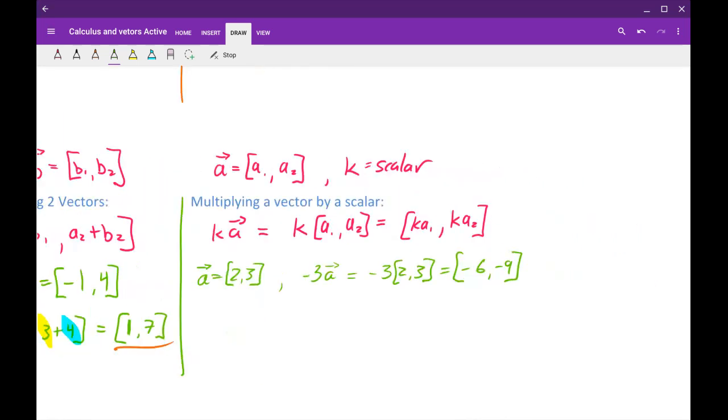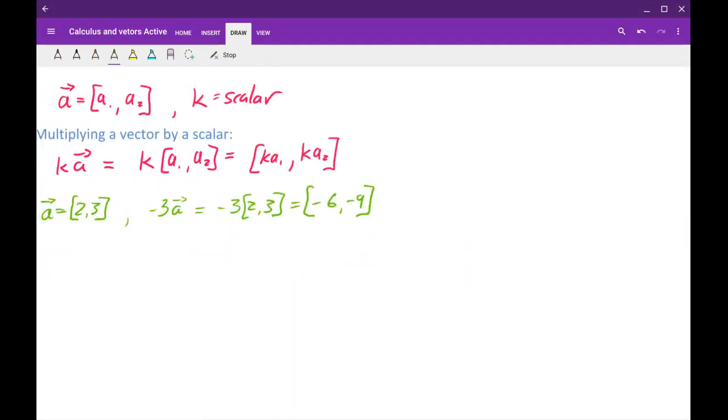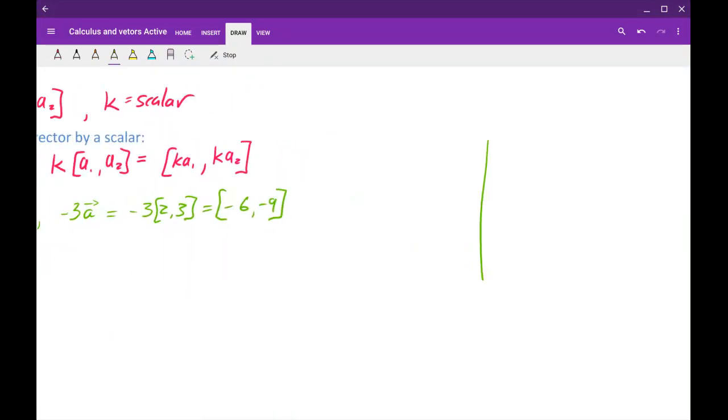I'm actually going to draw this one out for us. Remember, our first vector was [2, 3]. So 1, 2, and then 1, 2, 3. This was our A vector.